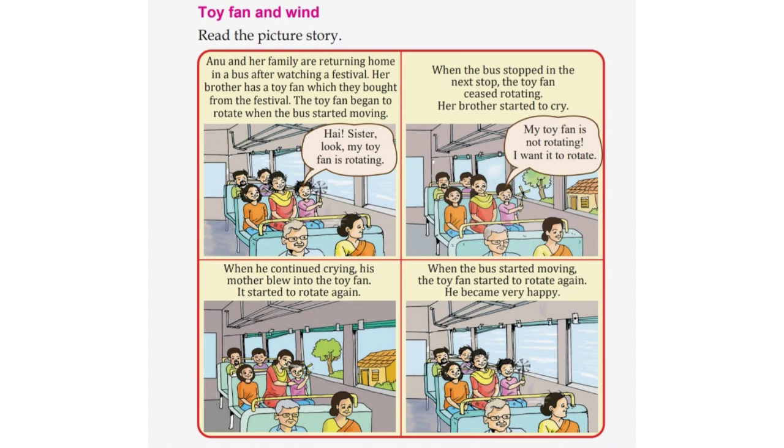When the bus stopped at the next stop, the toy fan ceased rotating. Her brother started to cry. My toy fan is not rotating. I want it to rotate. When he continued crying, his mother blew into the toy fan. It started to rotate again. When the bus started moving, the toy fan started to rotate again. He became very happy.